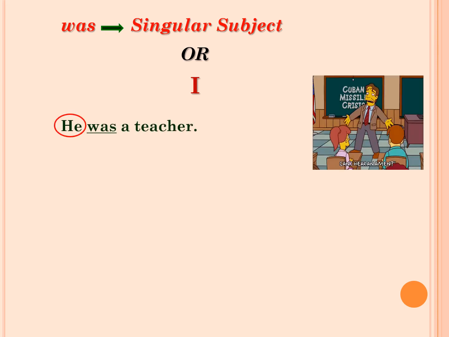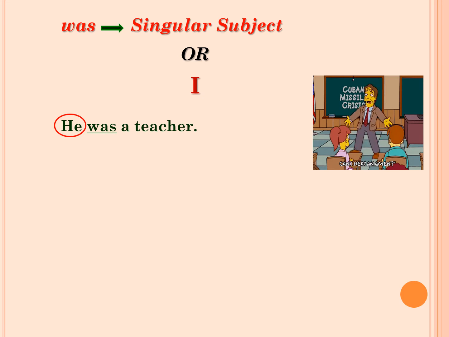He was a teacher. Here the subject given is he, and the underlined verb is was, because we want to tell over here that this man in the picture was a teacher. Now he is a teacher, we're not trying to say that. We're trying to talk about his past. So he was a teacher.